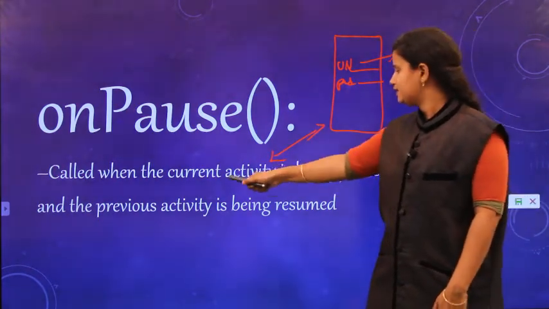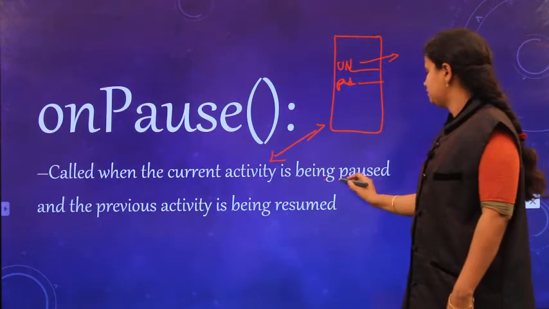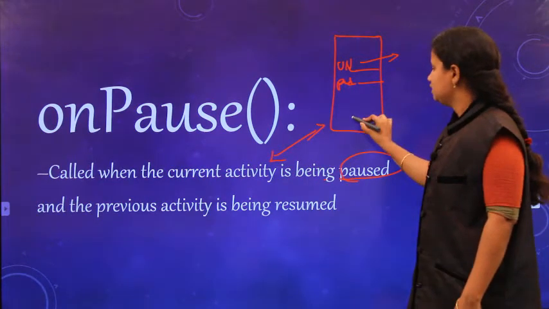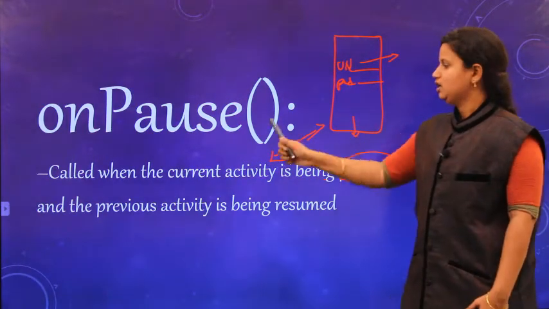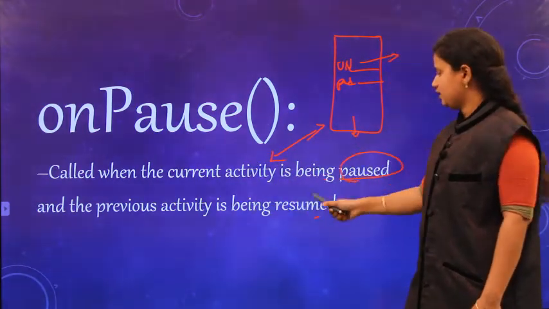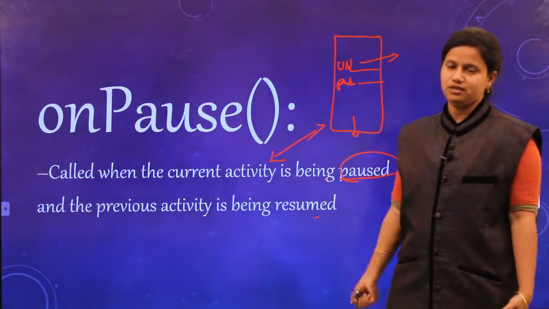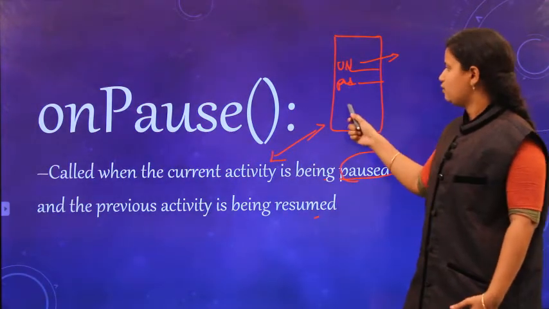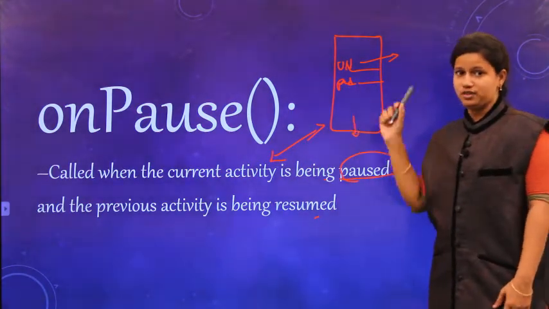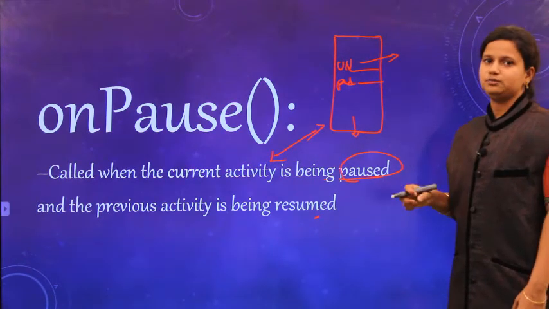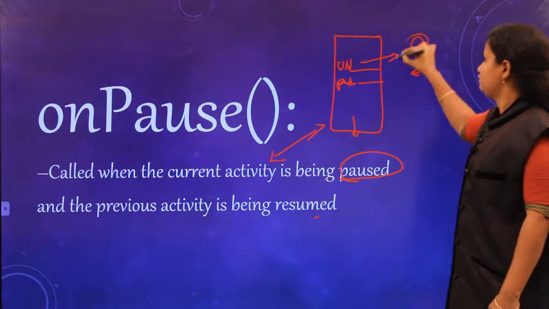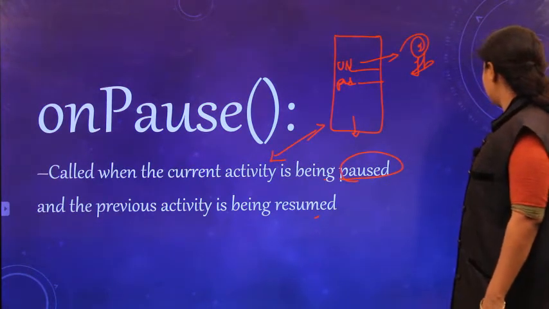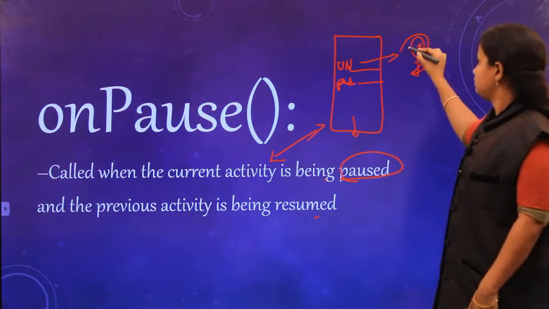But when the current activity is paused, that means you are not using this activity, and the previous activity is being resumed. The previous activity means that before opening this application, you were using another application, say Facebook, posting something.